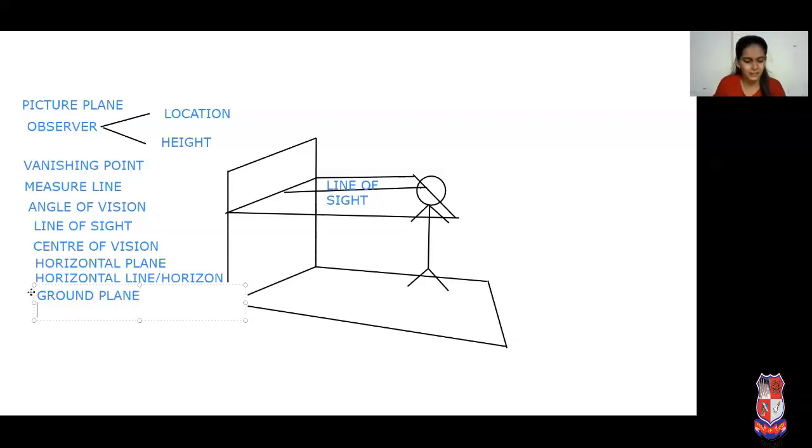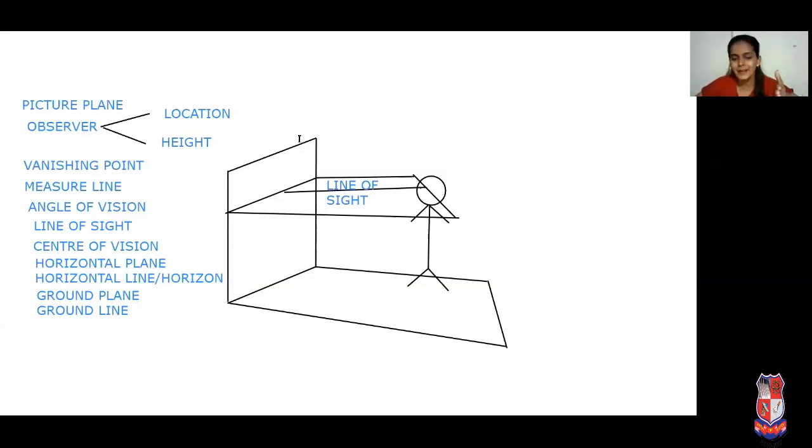And there is another line, that is the ground line. Consider the ground that we are standing on as a horizontal plane, which is also perpendicular to the picture plane.